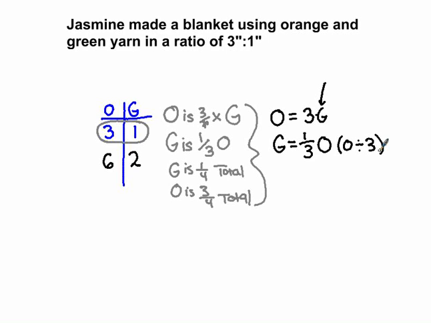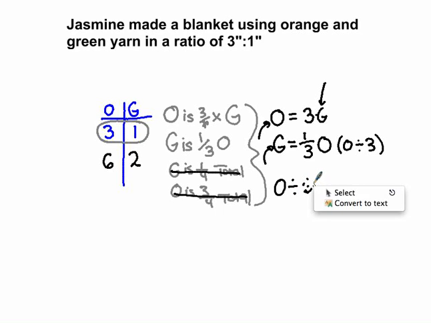We could also extend this relationship, and these are the 4 different types of equations. When I ask on something like homework to represent this relationship with 4 equations, we're not going to focus as much on the table or the total; I want to focus on these part-to-part relationships. If we look at going across, we could say O divided by G, or orange yarn divided by green yarn, equals 3.